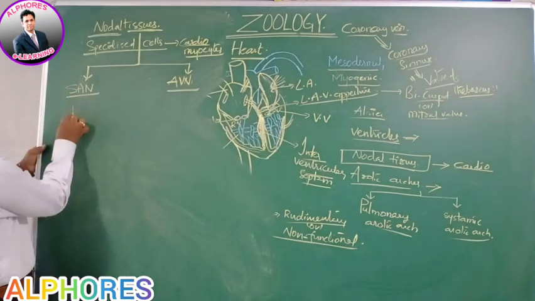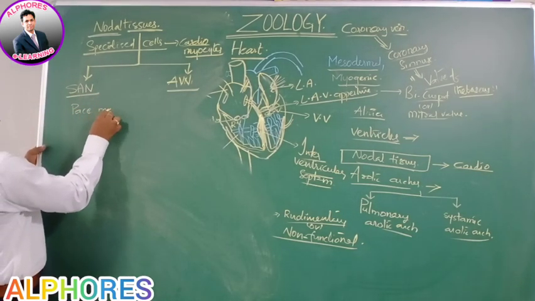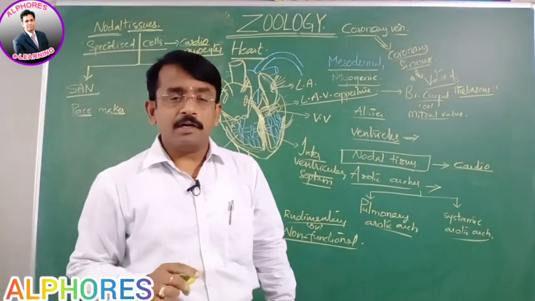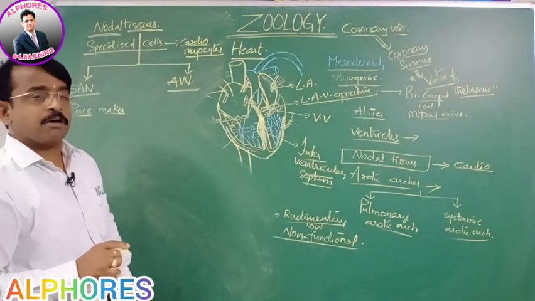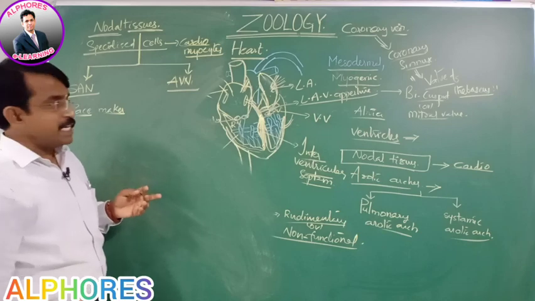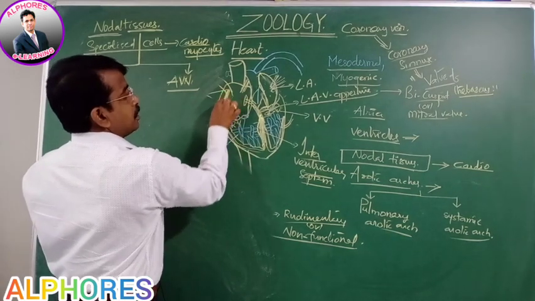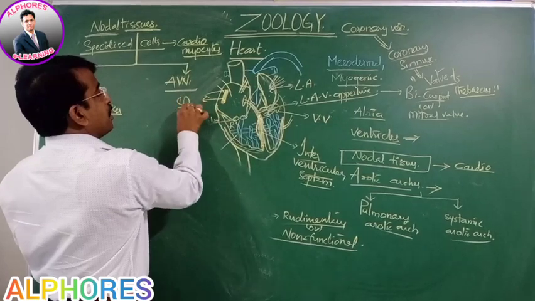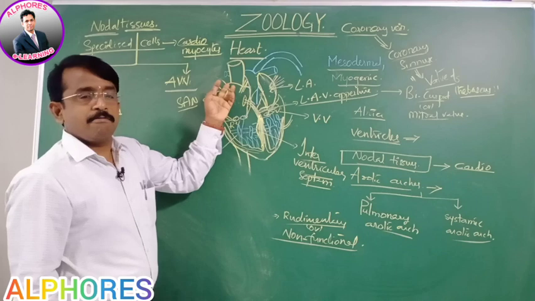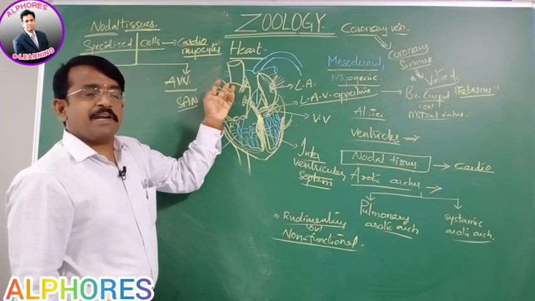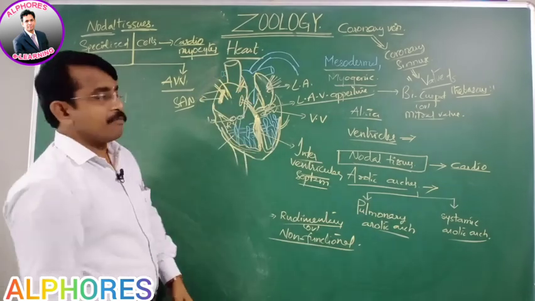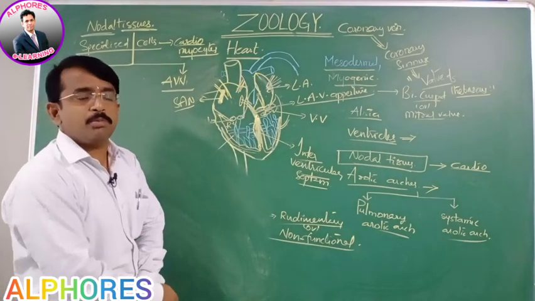Thus SAN is said to be the pacemaker. The pacemaker is the area where initiation of the heartbeat starts. Look at here, this is the SAN. SAN is located at the right upper corner of the right atrium, near the opening of the superior vena cava, nothing but the precaval veins.